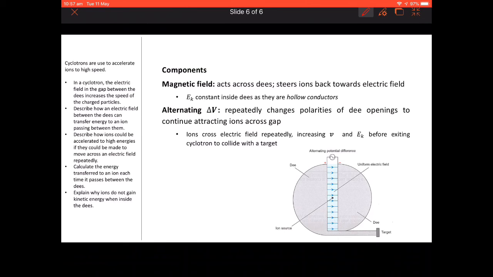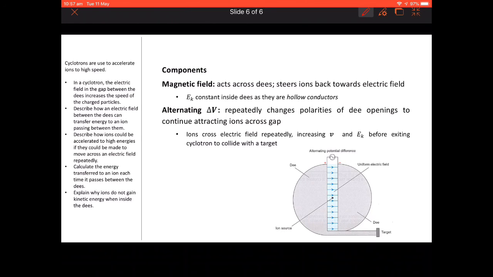This steers the ions back towards the electric field, and it keeps them in that horizontal plane. The kinetic energy is constant inside the Ds as they are hollow conductors. If we remember back to a previous video, if a conductor is hollow, there is no charge inside that conductor, so the kinetic energy is going to remain constant.